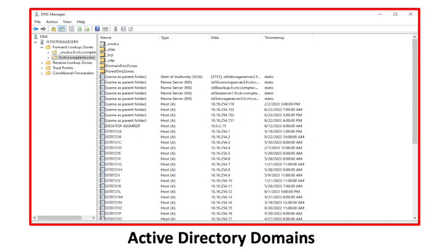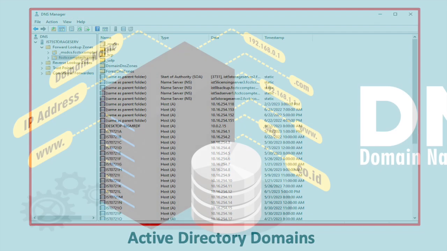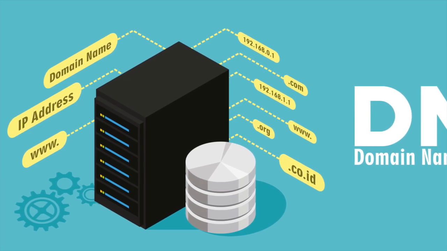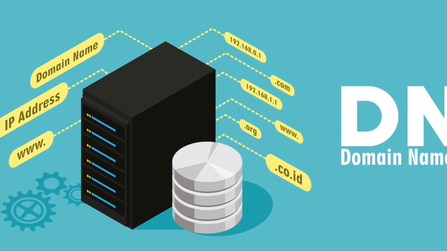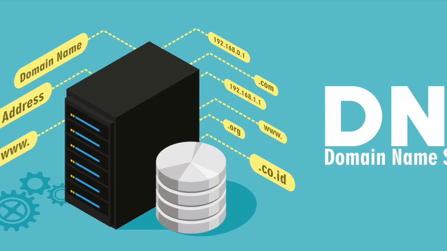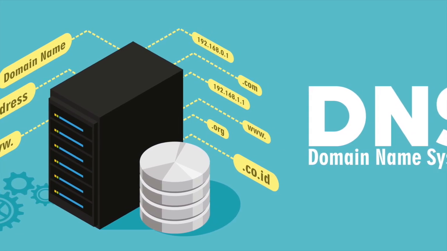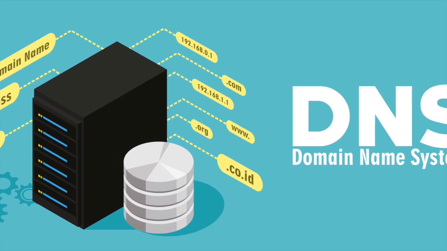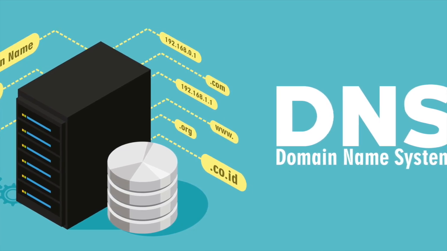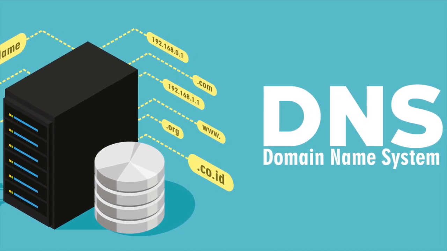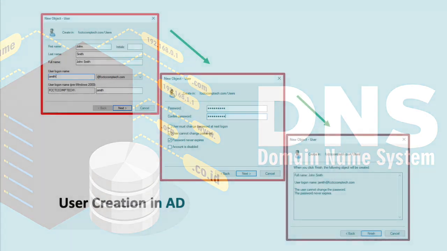One of the domain controllers must also be configured as an authoritative domain name system server for the domain that they administer. When a device is added to the domain, its ID, name, and IP address are automatically added to the domain name system DNS records. This helps to facilitate communication between devices on the network.